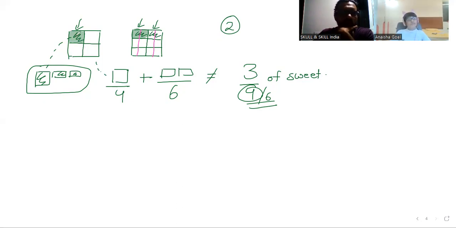I need 12. I was trying to break it into 12 parts. These were 6 parts originally, and I have broken them down into 12 parts now. So instead of being 2 out of 6, now it is 4 out of 12. Right? 1, 2, 3. Can you break this into 12 parts so that the size becomes equal? Can you do that?